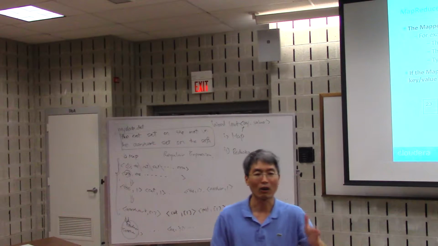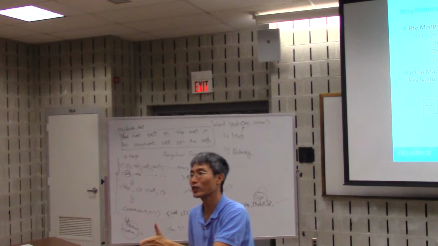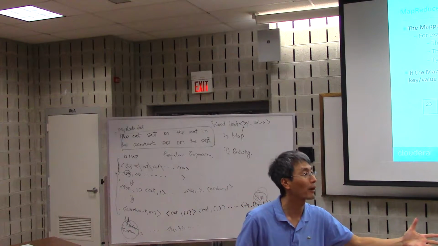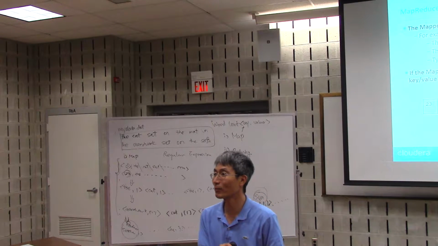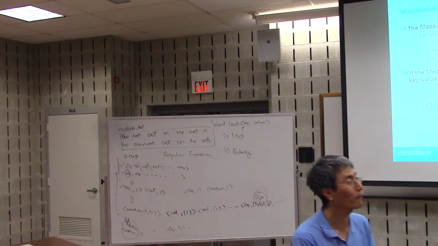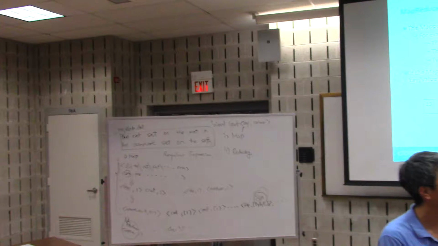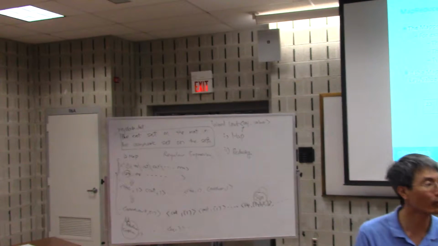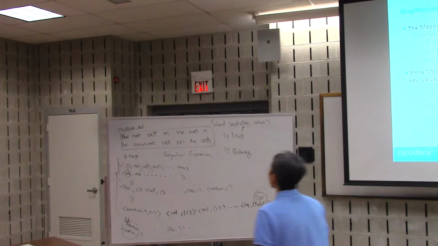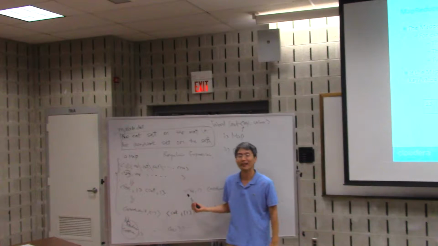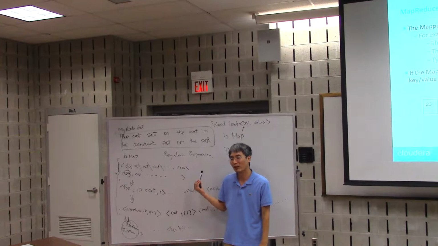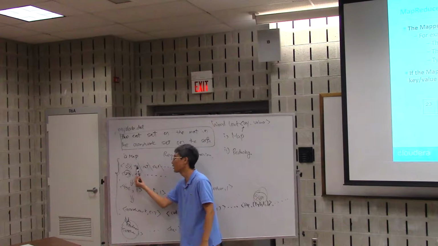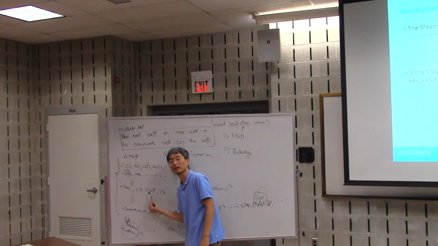Like the average salary per department: you can select the department number and average salary from the employee table and group by DNO. That's it. But in MapReduce programming, it will be very, very complicated. So your job is to design the key and value.